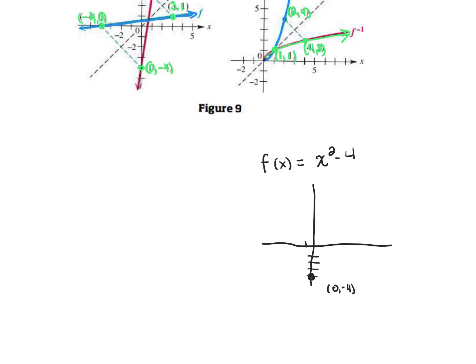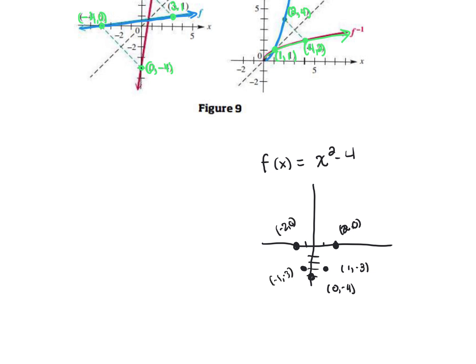And then if I plug in 1, I get negative 3. If I plug in 2, I get 0. So let's graph my inverse. So this dot was (1, negative 3), (2, 0), (negative 2, 0), and (negative 1, negative 3).